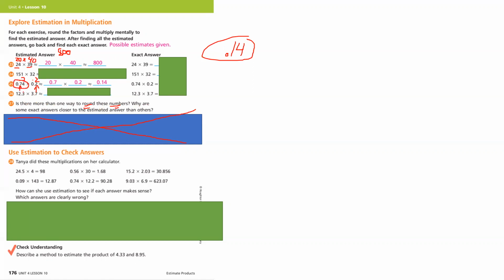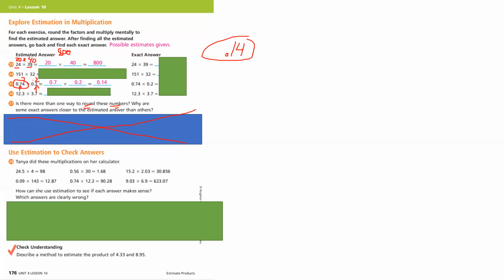All you're doing is making these numbers a little easier so you can do the math in your head. And there's many, many different ways to make these numbers easier. You could round to the nearest wholes, tens, tenths, hundreds. There's a whole bunch of different ways to do it, and there's not one right way to estimate.